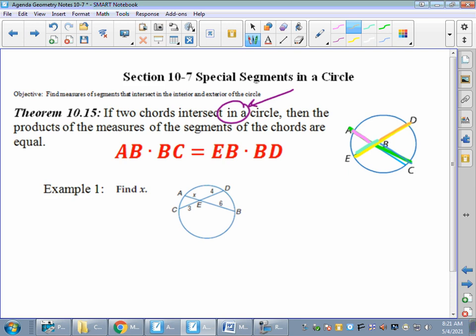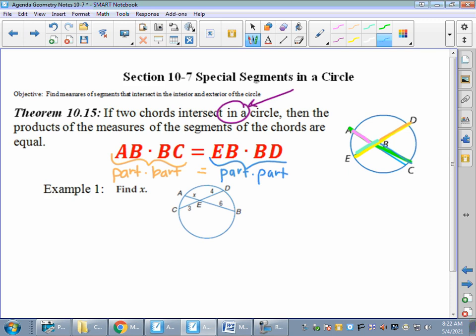I'm going to say this a lot. When I look at one segment, chord AC, it is part times part, is equal to the other segment, ED, the other chord, part times part. So that might be a little easier to follow.